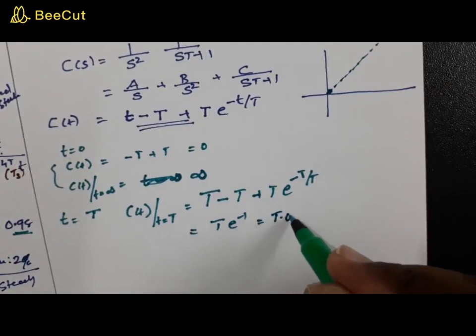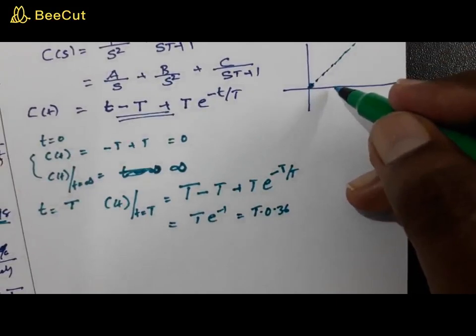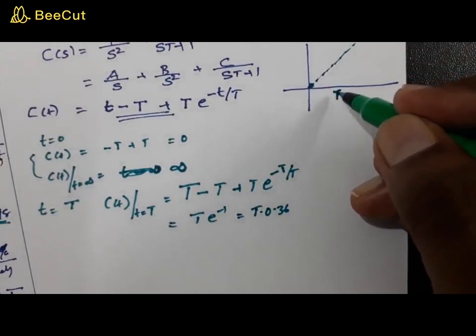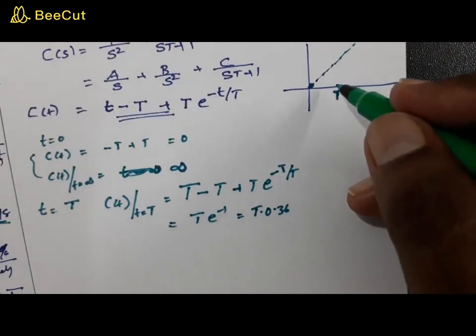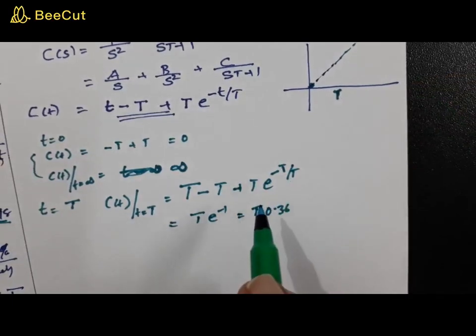So 0.36 T. So at t equal to T, you are getting this to be 0.36 T, right?